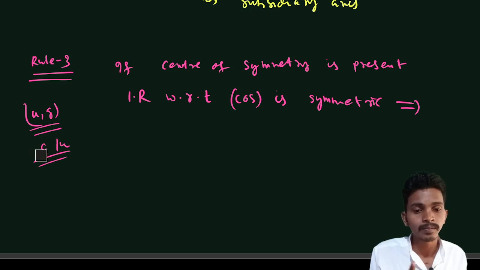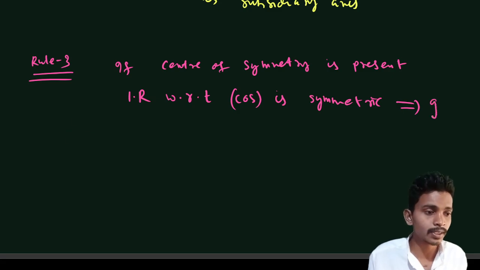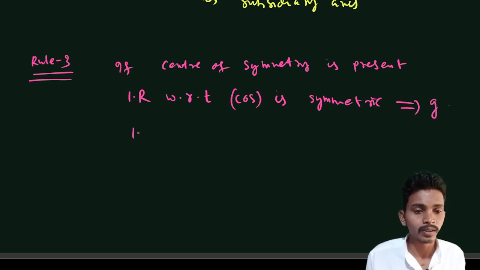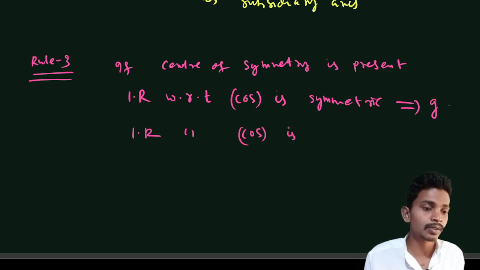So if positive, first G will come. Okay, to remember, that is G. And if the representation with respect to the center of symmetry I is asymmetric, then U will come.